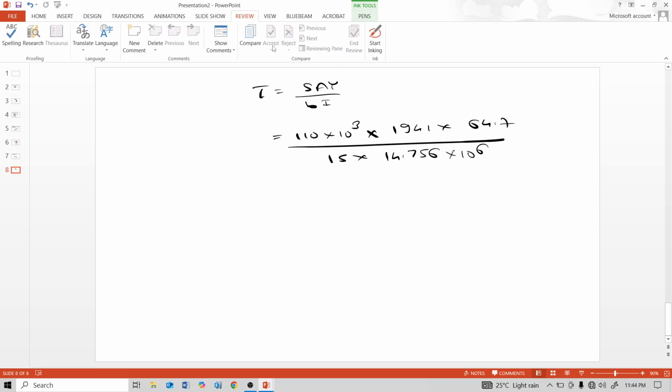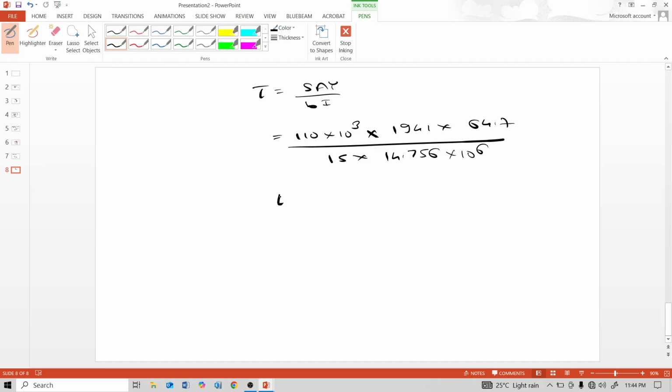This tau is the shear stress at the neutral axis, 62.41 MPa.